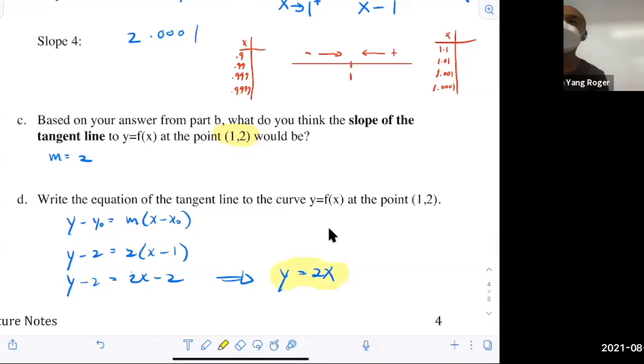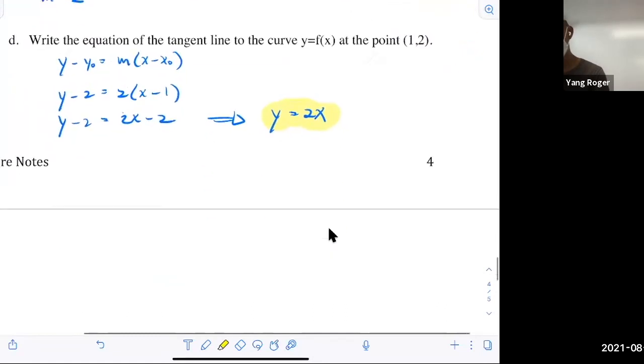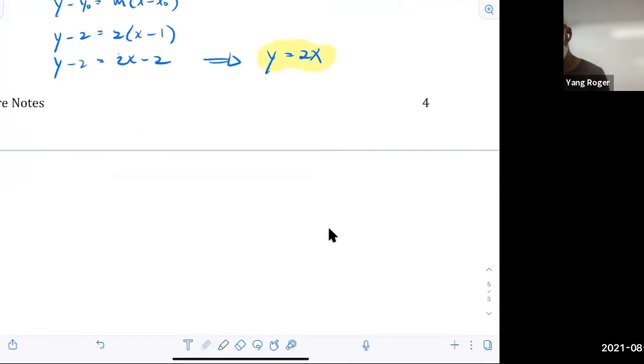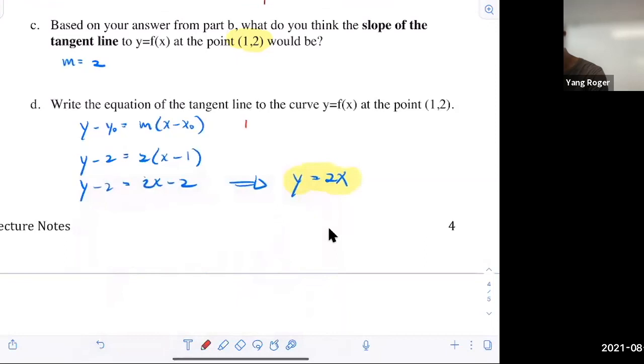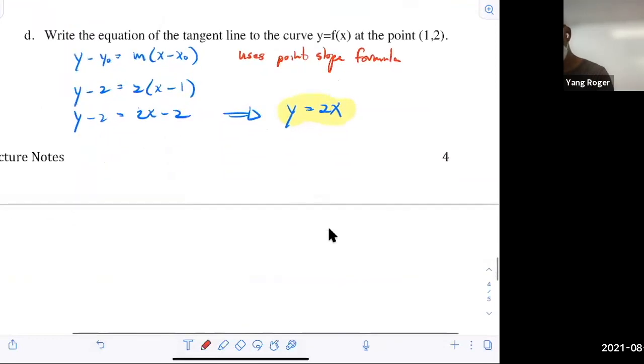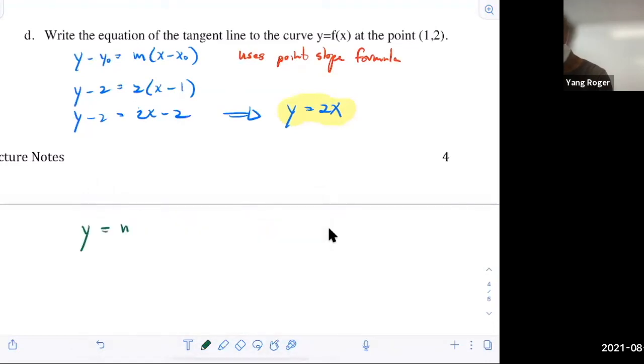Are there any questions? We just put the numbers into y equals mx plus b. Correct, yes. So there's a second method. This one uses the point-slope formula. And then we could do a second method. The method you're talking about is you have y equal to mx plus b like this. You know that the m is equal to 2, so you put a 2 there.